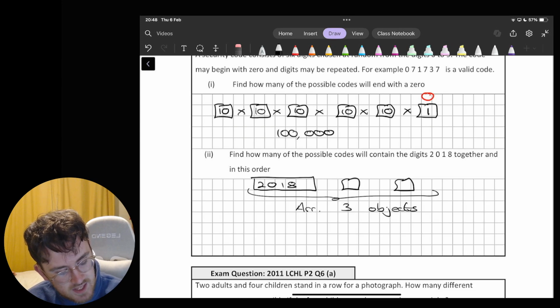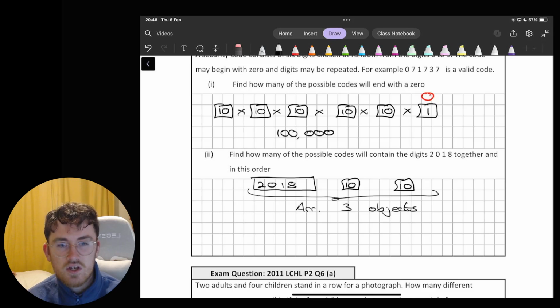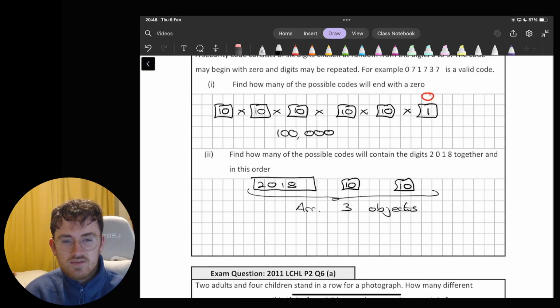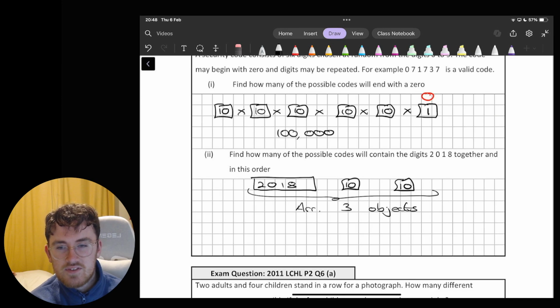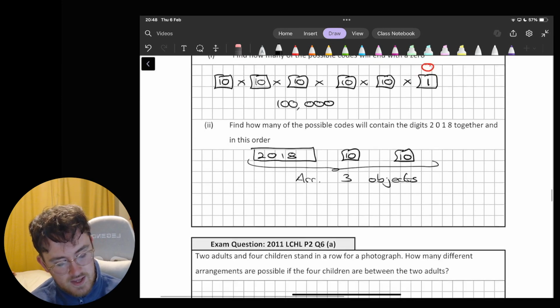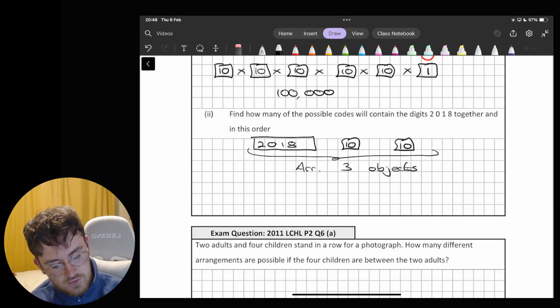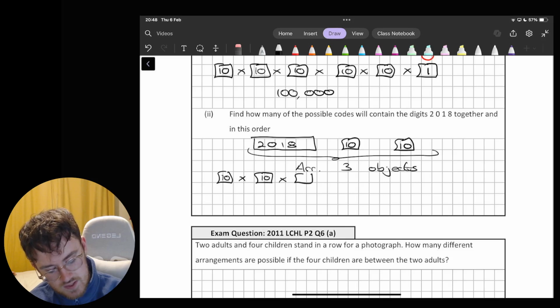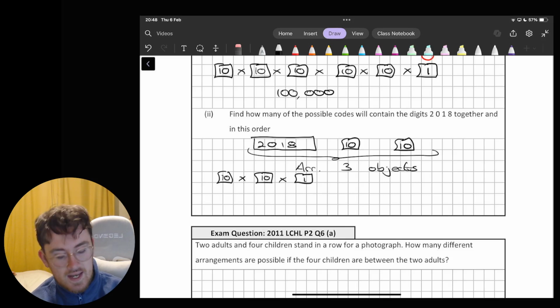We have 10 choices for the first one and 10 choices for the second one, and then 1 choice for the last one, which is my block of 2018.